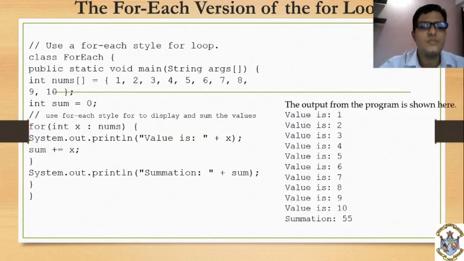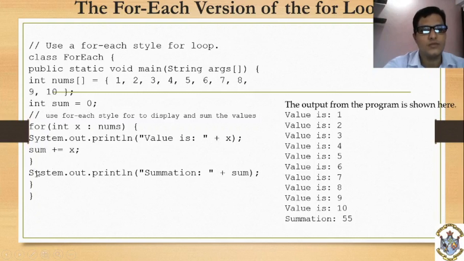Here the sample example is given. Please observe: class for each, public static void main, String args, and int nums, where we have stored 10 elements. Next, int sum is equal to 0, and we do the same process. Now x colon nums, whose length is 10. Which element will be assigned to x? The first element. After assigning, you display that value, which is 1. Sum plus equal to x, 0 plus 1 is 1.